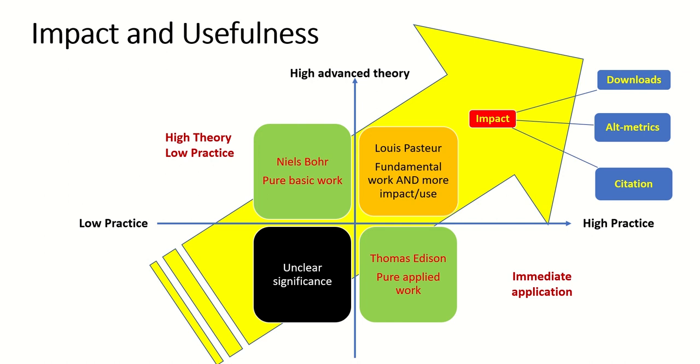But a scientist like Bohr has done something in physics, highly advanced, fundamental in terms of theory, but not everyone is going to use it directly. So myself and yourself, maybe we don't use it directly. So these two green boxes are good examples of something very fundamental.